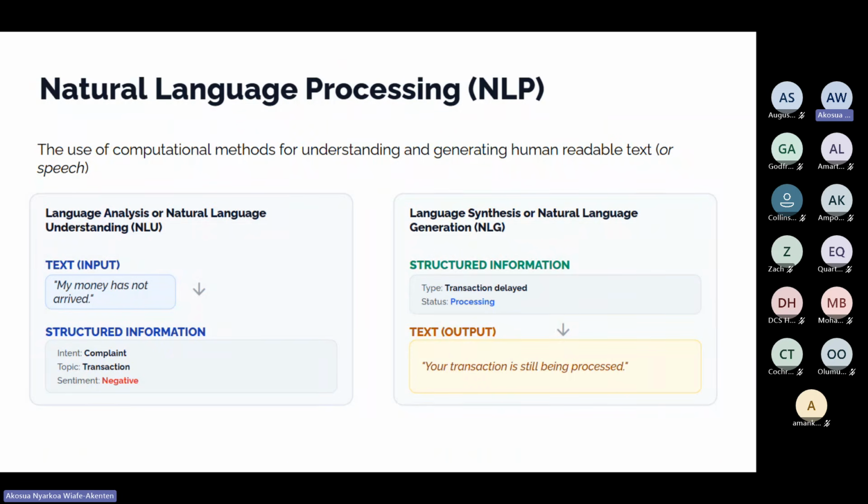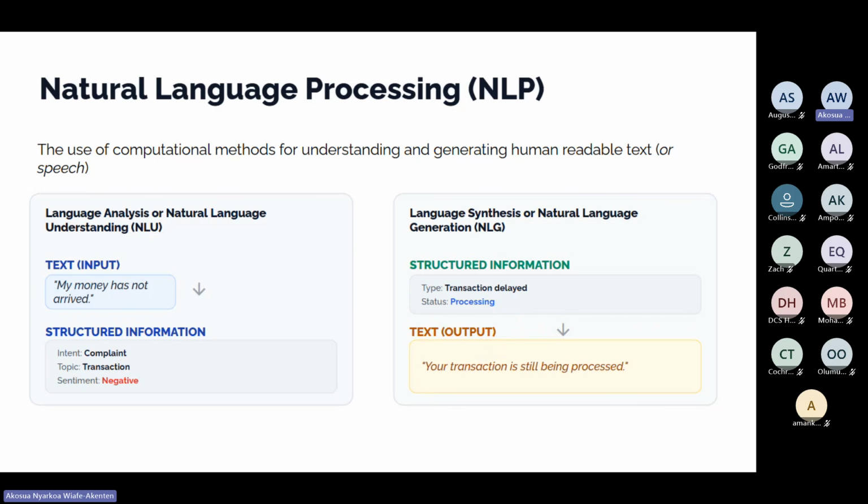Or it could also extract some information, a topic, for example, of that utterance the user has made, and realize that your NLP system could categorize that as a transaction, or it may be looking for a sentiment in the statement the user has made. And you'd realize that that sentiment is what? A negative sentiment. All right. So you'd realize that under natural language understanding, we go from human language as input to structured information that a computer can work with.